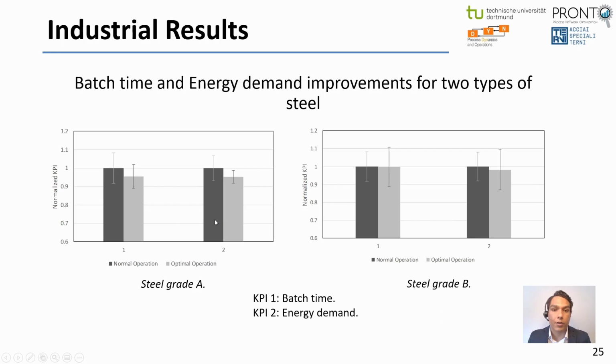So in comparison with the standard average, we managed to reduce the energy consumption of the batch by approximately 4.6%, and the batch time was also reduced by approximately 4.3%. For steel grade B, the energy demand was reduced by approximately 1.7%, and we observed no improvements in terms of the batch time.